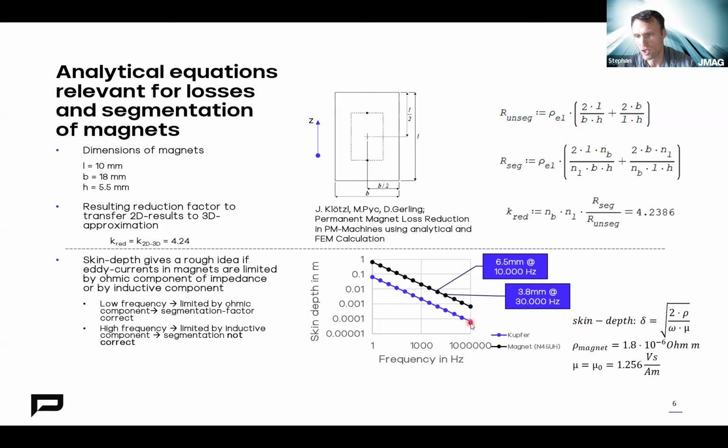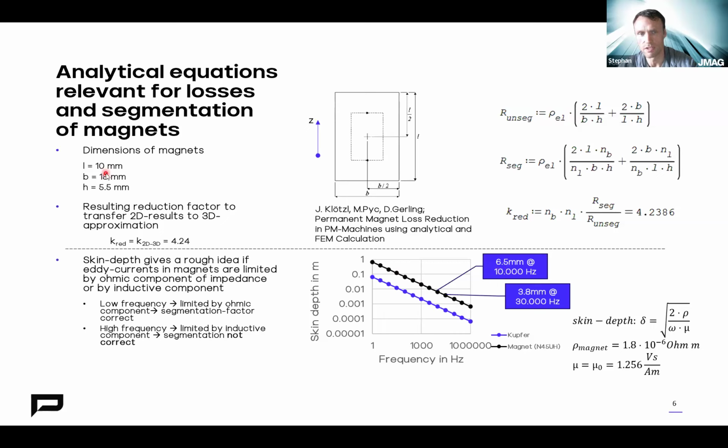If you increase the frequency, the skin depth reduces to a very low value. And the same you can do with the magnet material. It gives the same straight line in the logarithmic diagram. And for a frequency of 10,000 Hertz, you get a skin depth of about 6.5 millimeters. And this is already in the range of the dimensions of the magnet.